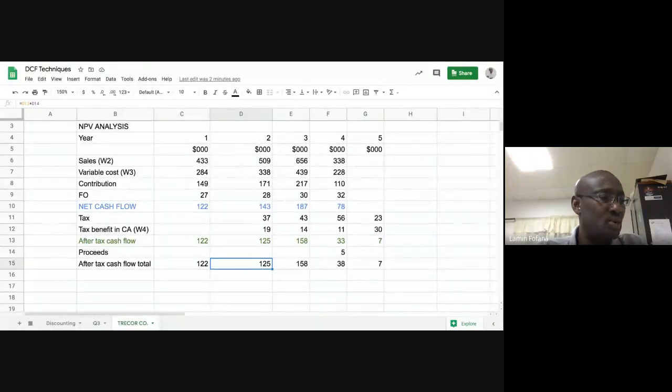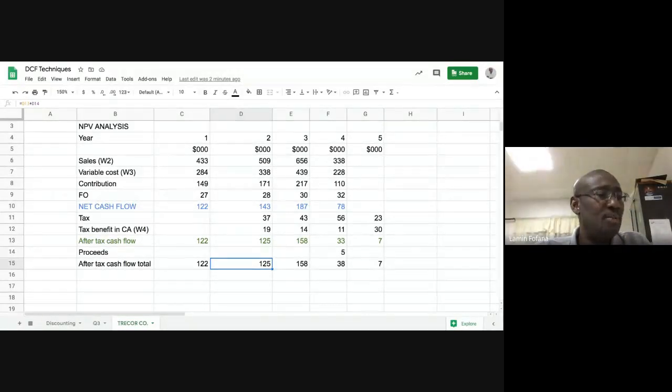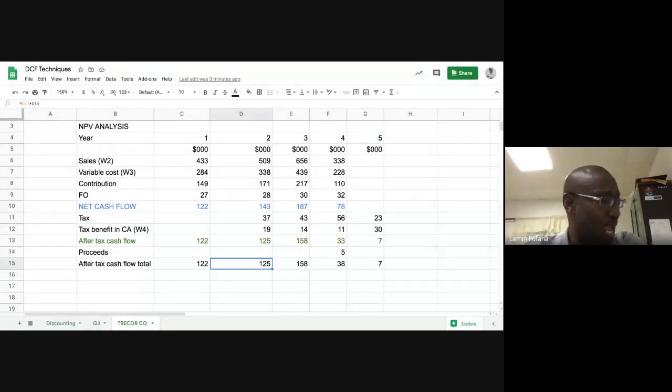What is required is the nominal rate, but what is given to us is the real rate and the inflation rate. So to find the nominal rate, which we use for our cost of capital calculation, we use a function that was given by a scientist called Fisher, and it is called the Fisher Effect. The Fisher Effect says 1 plus nominal rate equals 1 plus real rate multiplied by 1 plus inflation rate.